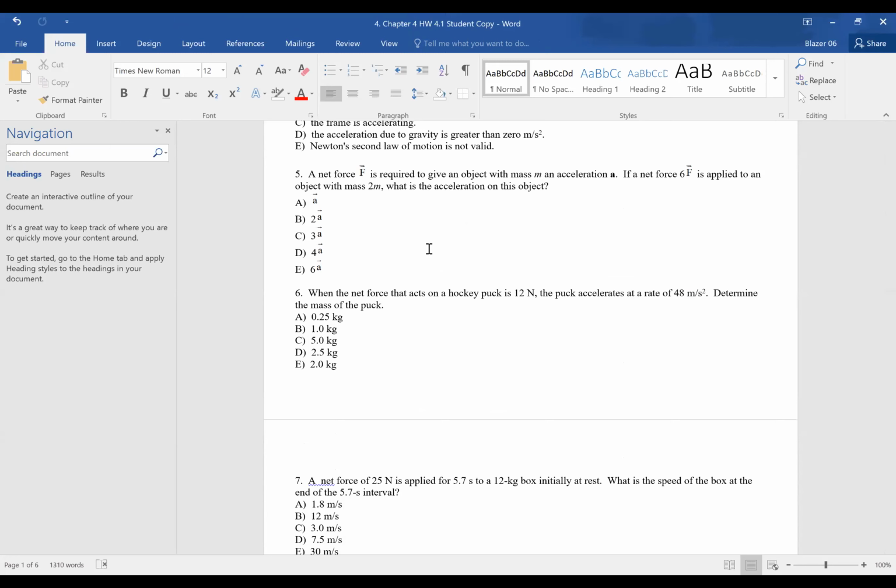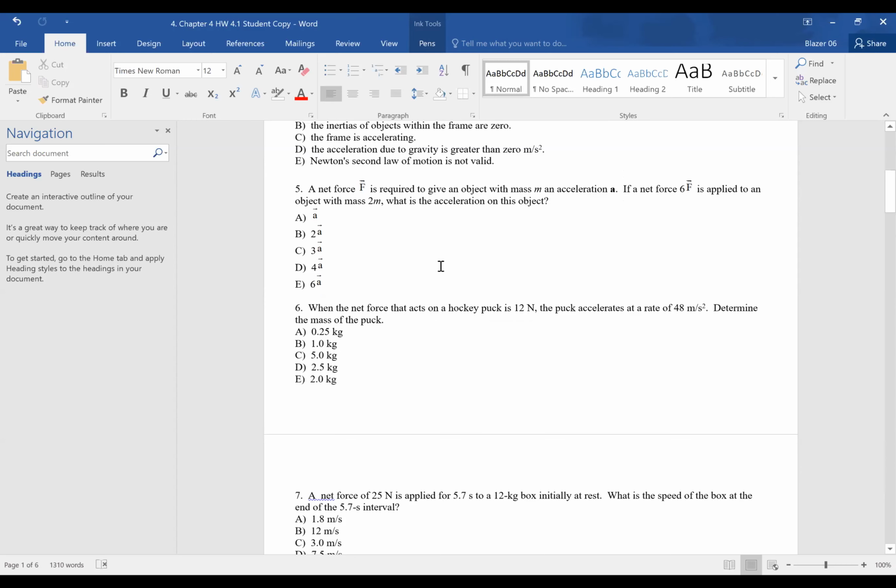It says, when the net force that acts on a hockey puck is 12 newtons, the puck accelerates at a rate of 48 meters per second squared. Determine the mass. So we can just write this simply as F equals ma, unless you have multiple forces, and then you have to write the summation symbol, sigma.